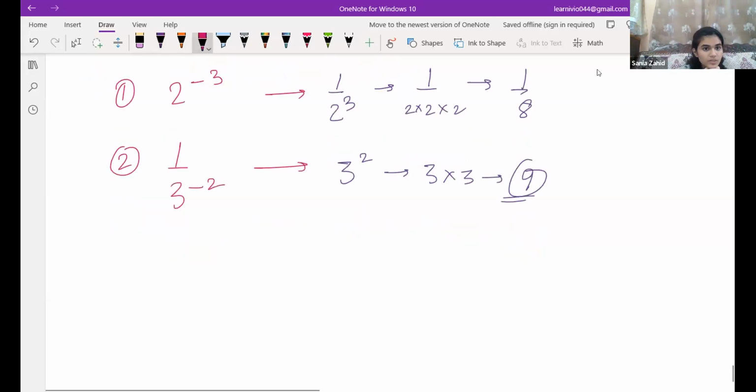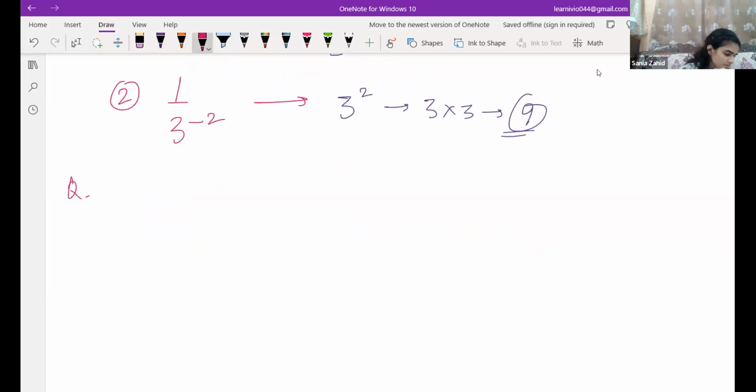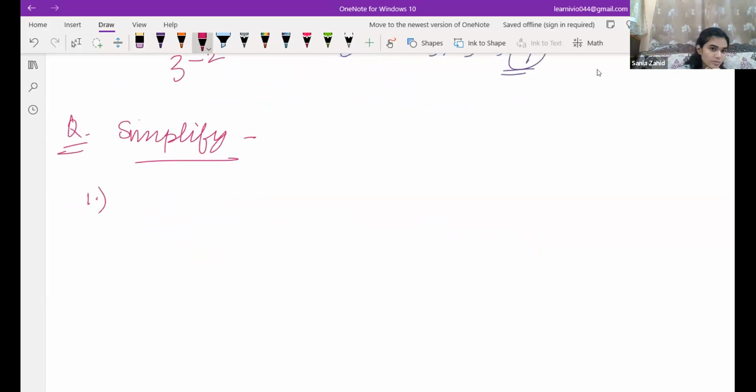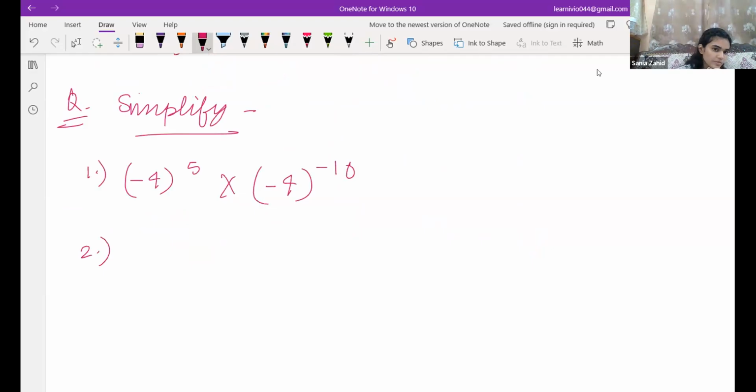Okay, the next question is simplify: minus 4 to the power 5 into minus 4 to the power minus 10, and the second is 2 to the power 5 divided by 2 to the power minus 6. Okay, so solve these both.